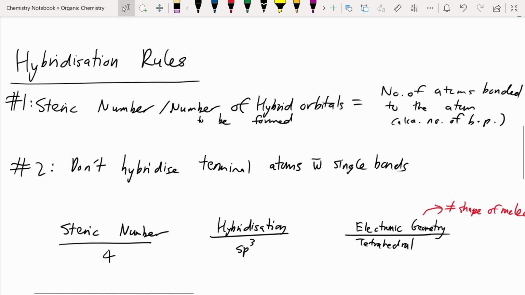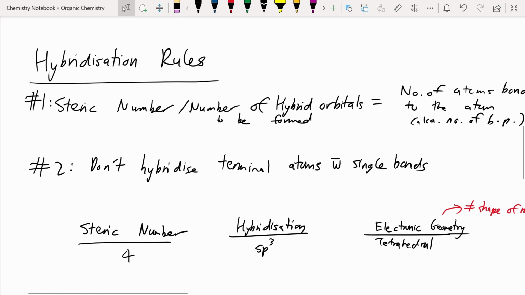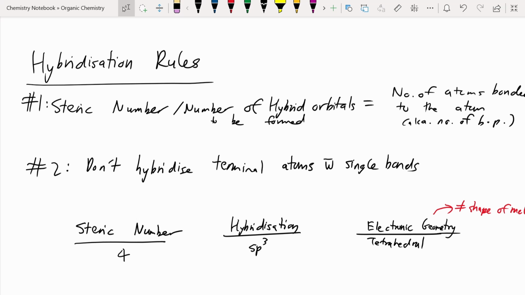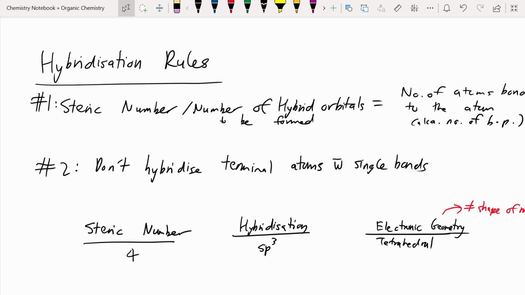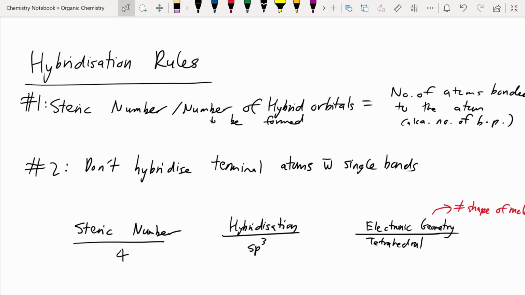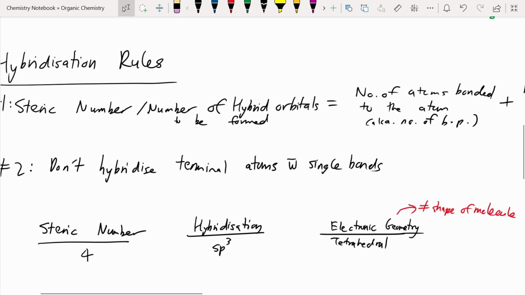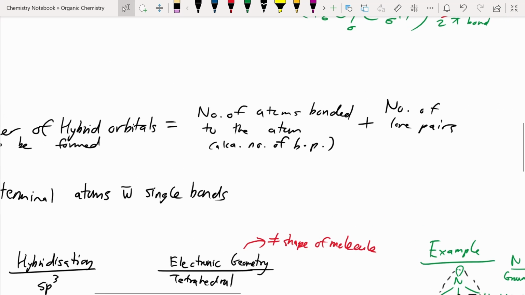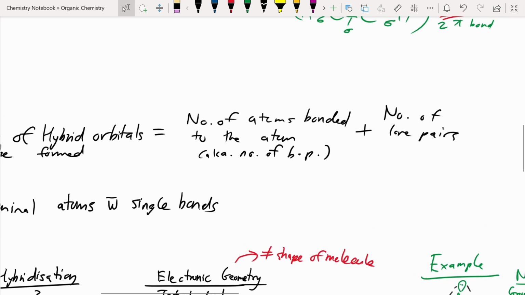So take note of these hybridization rules in case questions ask you to draw out the full orbital diagram of any compound involving oxygen or nitrogen bonded to other atoms. You need to take note of the steric number, which is the number of hybrid orbitals to be formed. As you can see here, it equals the number of atoms bonded to the atom plus the number of lone pairs.